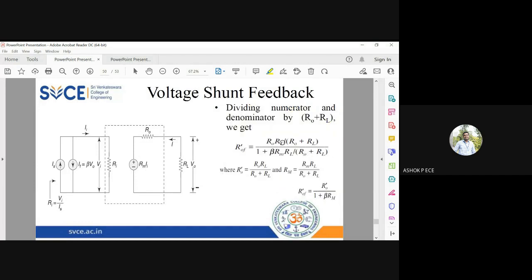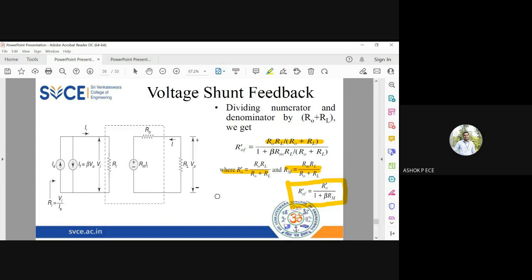So I'm replacing R naught RL by R naught plus RL as R naught dash. And already RM into RL by R naught plus RL is R capital M. Okay, so already we know about R capital M. Just this term I'm replacing by R naught dash. So finally I will get R naught F dash equal to R naught dash by 1 plus beta into R capital M.